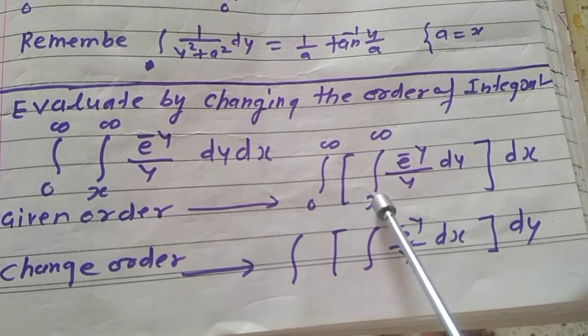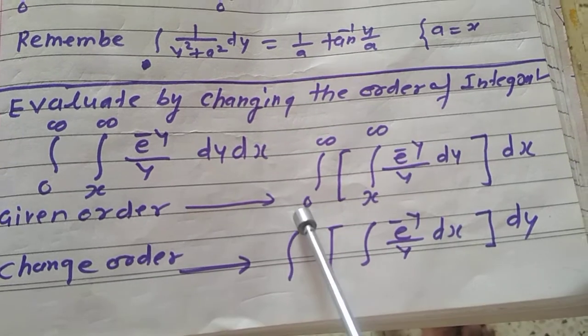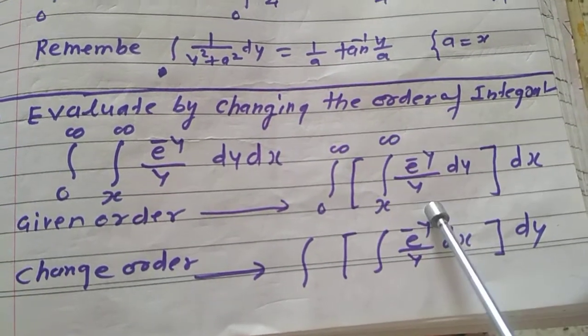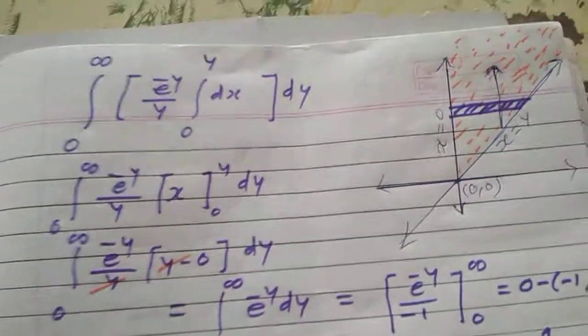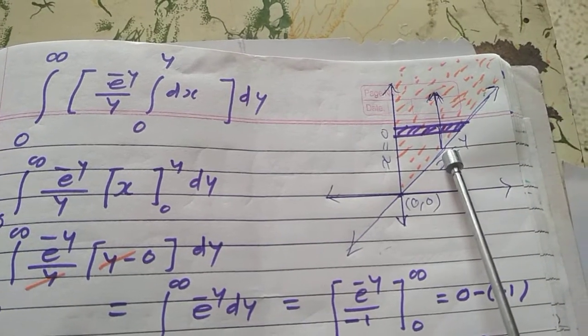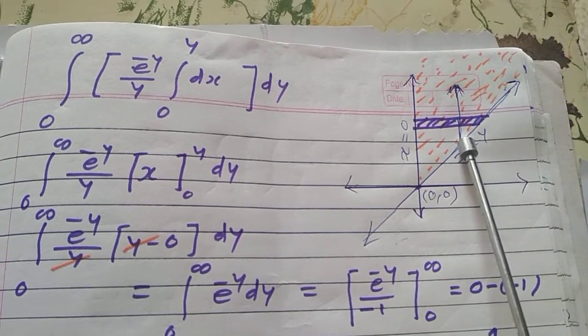This is y is equal to x, y is equal to infinity, x is equal to 0, x is equal to infinity. So in this way, draw the figure. Now see, this is your original order. First integration is with respect to y.